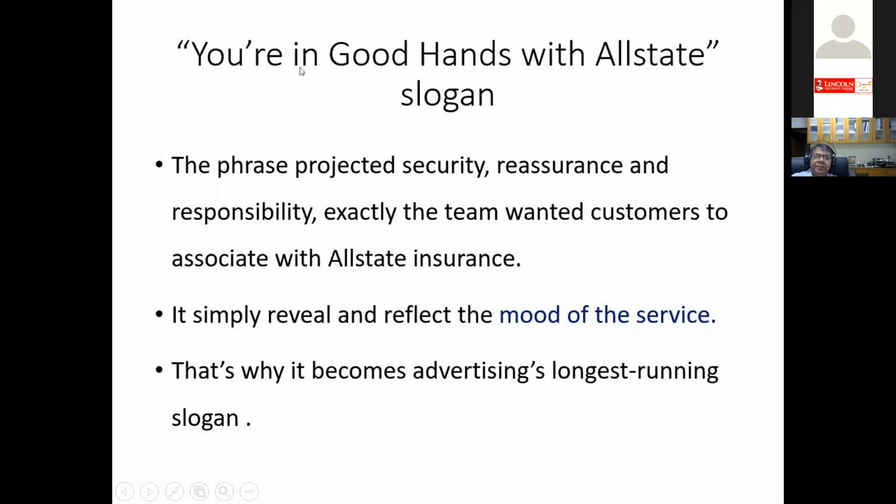The phrase projects security, reassurance, and responsibility, exactly what the team wanted customers to associate with Allstate Insurance. It simply reflects the mood of the service. Their service is insurance, so their key message must be secure, reassuring, and responsible to the customer.